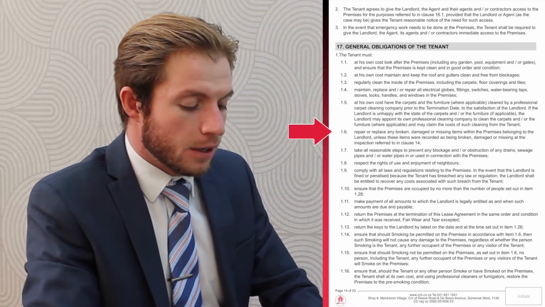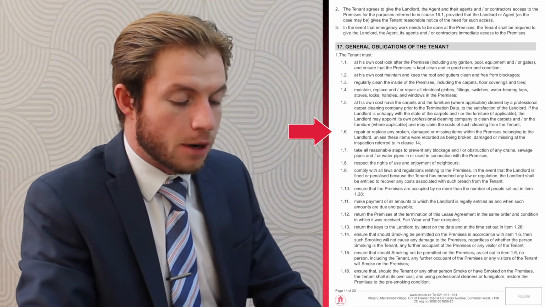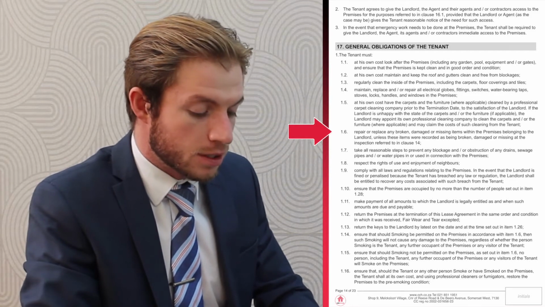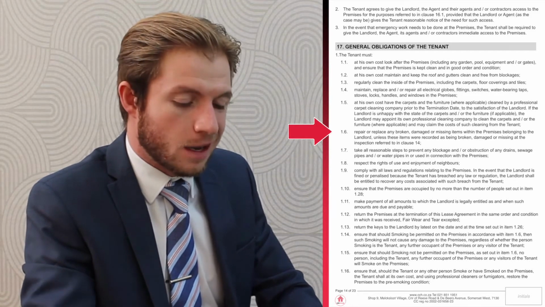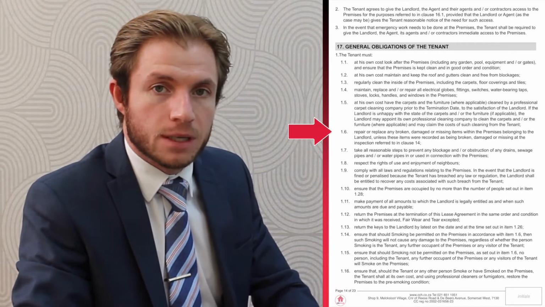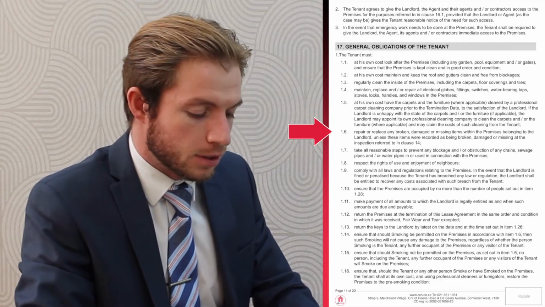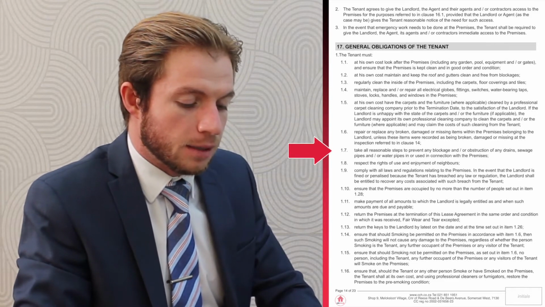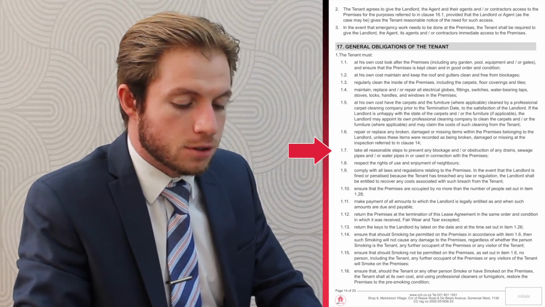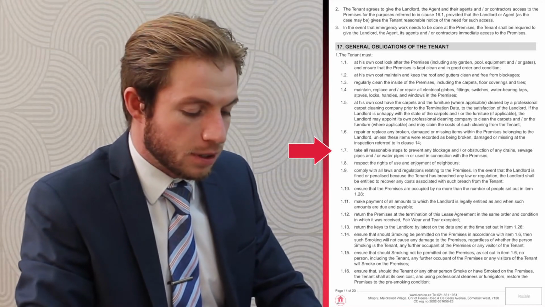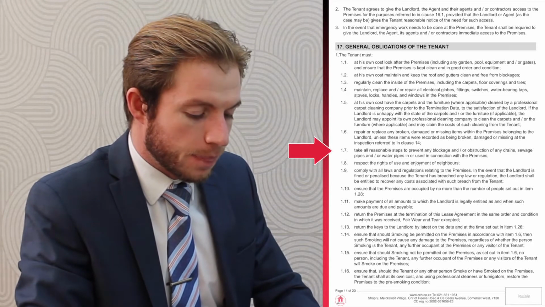If you have managed to somehow break a window, please replace that as soon as possible, because if not, at the outgoing inspection, the costs of getting that window replaced can be deducted from your deposit. And then also take all reasonable steps to prevent any blockage and or obstruction of any drains, sewage pipes and or water pipes in or around the property.